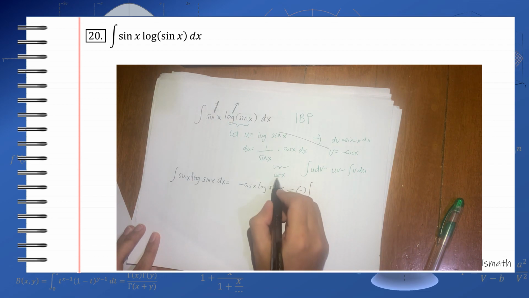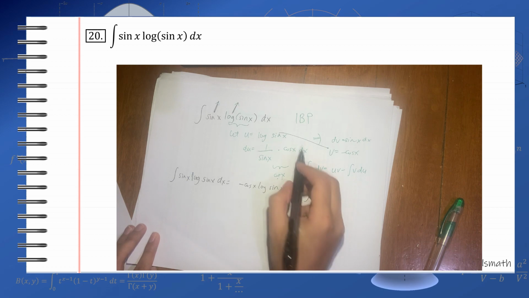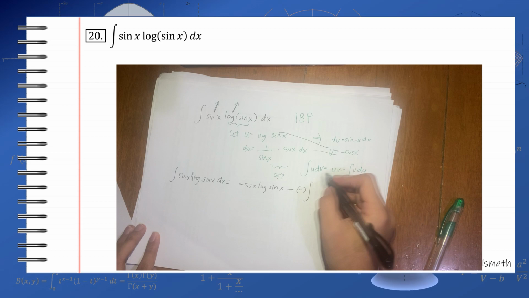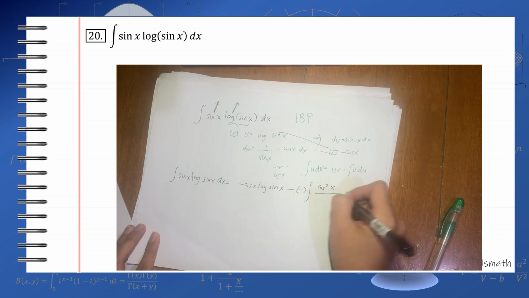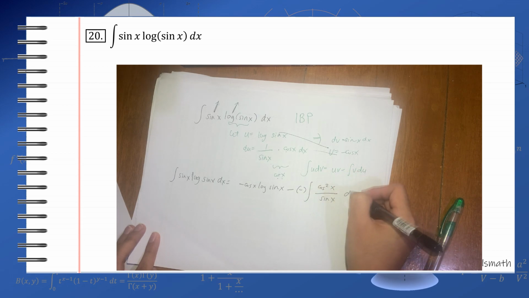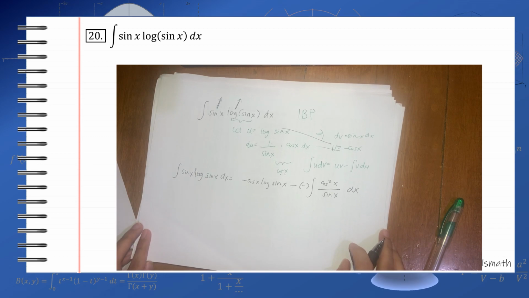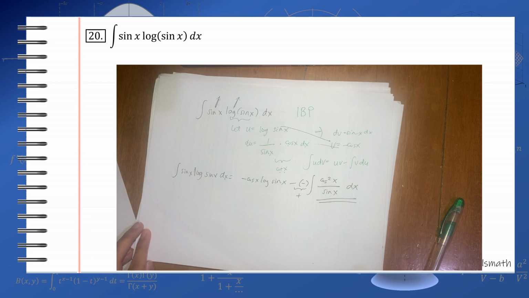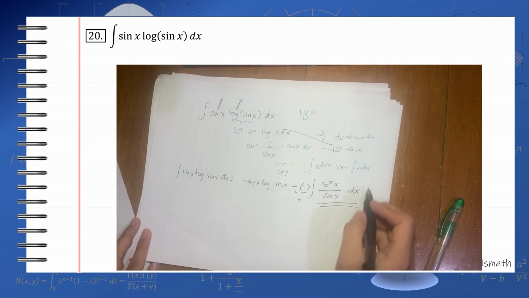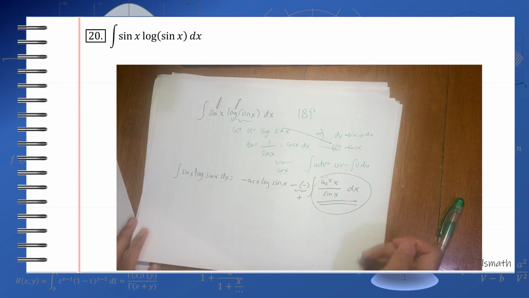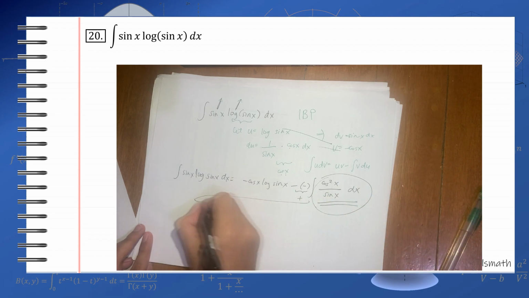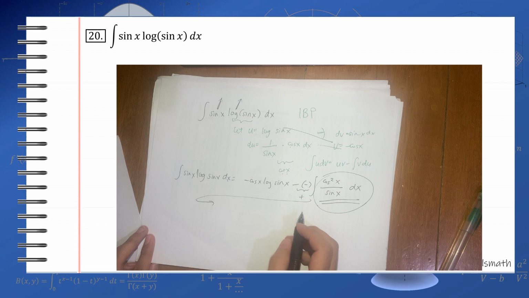So I won't write it as cotangent x because I want everything just to be in terms of cosine and sine. So cosine squared x over sine x dx. Wow, so this becomes positive. If you've watched my previous video, you'll see that this has already been solved in that video. Anyway, for the purposes of presenting the complete solution, I'll do it again.